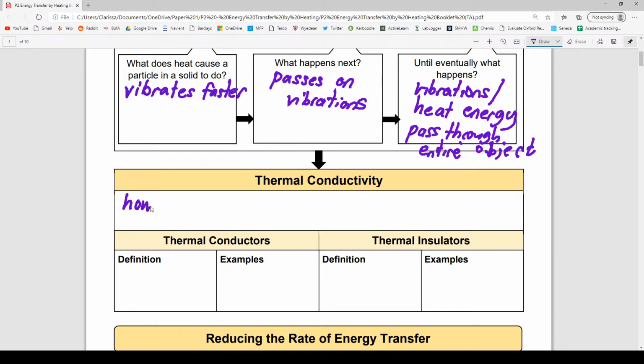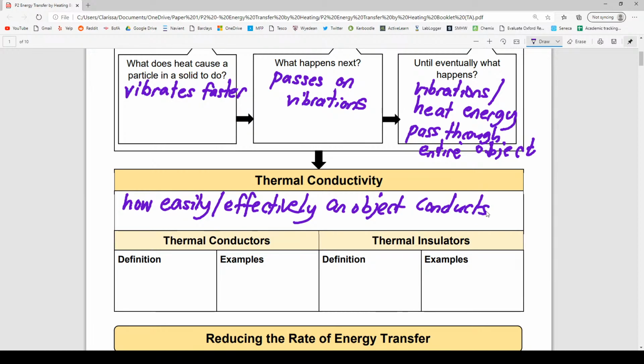Or I could say, even better, how easily / effectively an object conducts heat.